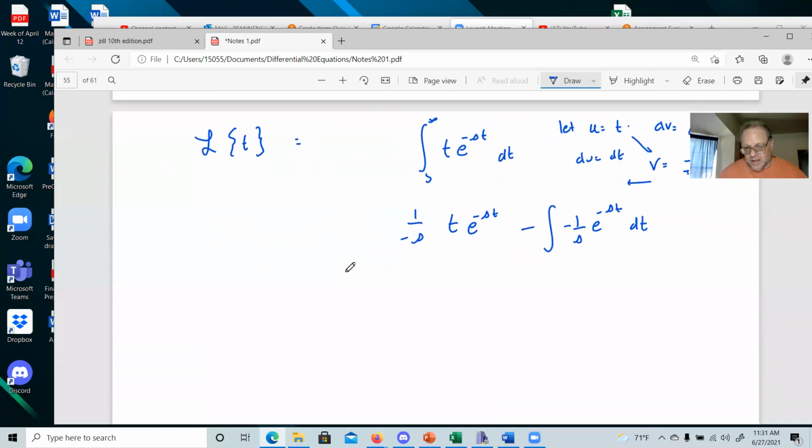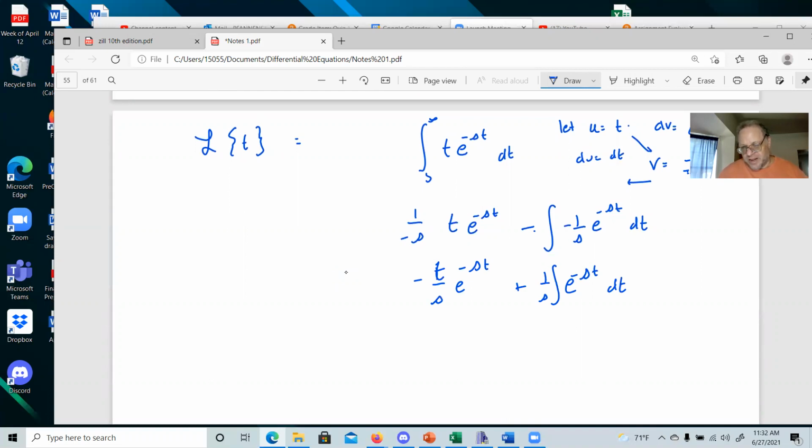So what do we have here? We have negative t over s e to the negative st plus, negative times negative, plus 1 over s e to the negative st dt.